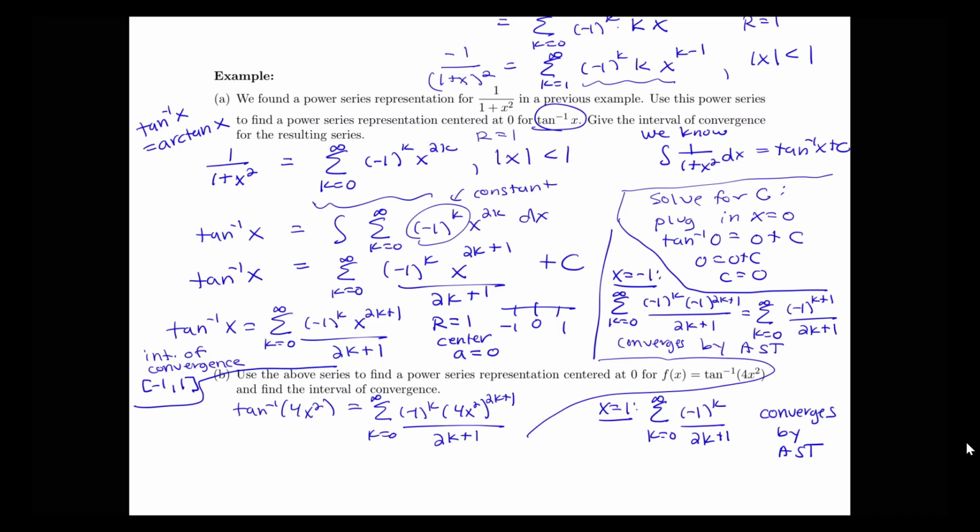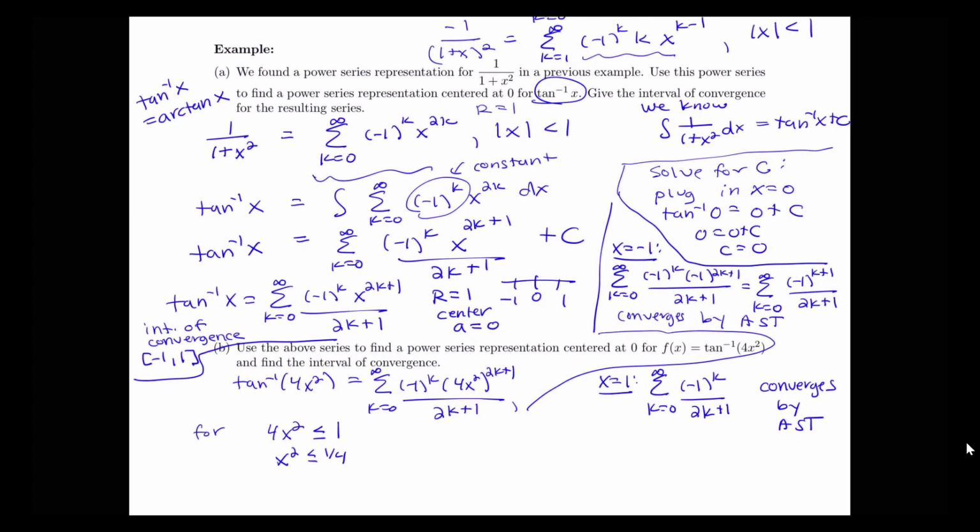And since our inverse tangent function had this interval of convergence for x between negative 1 and 1, including those endpoints, when I have this substitution of 4x squared in for x, this will be for that 4x squared being less than or equal to 1. So I'll have x squared is less than or equal to 1/4, which will mean my x will be between negative a half and a half, including those endpoints. That will be my interval of convergence here.